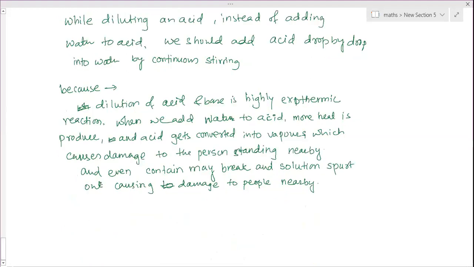Hence, we need to add acid to water slowly, drop by drop, with continuous stirring.